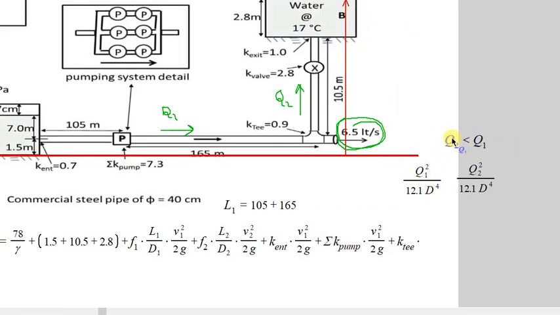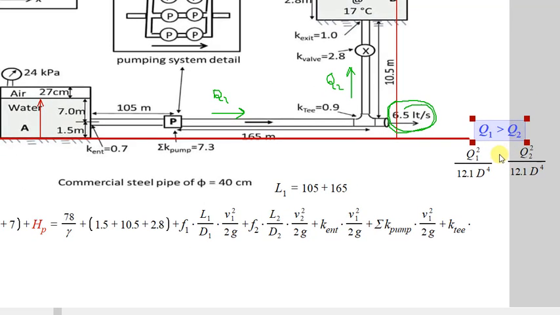Or let's make it the opposite, Q1 greater than Q2, easier to read. Therefore we have to multiply it by velocity 1 squared over 2g. Okay? So keep this one also in mind.